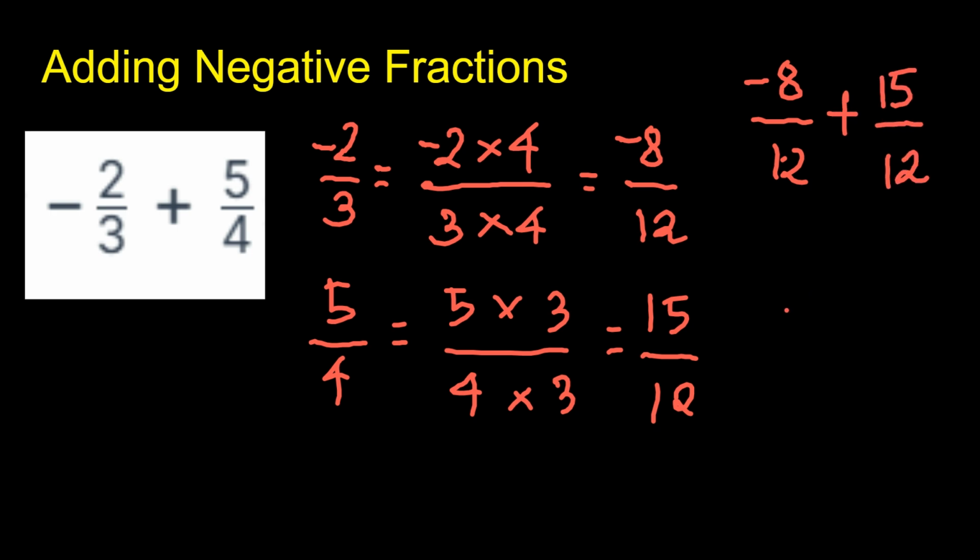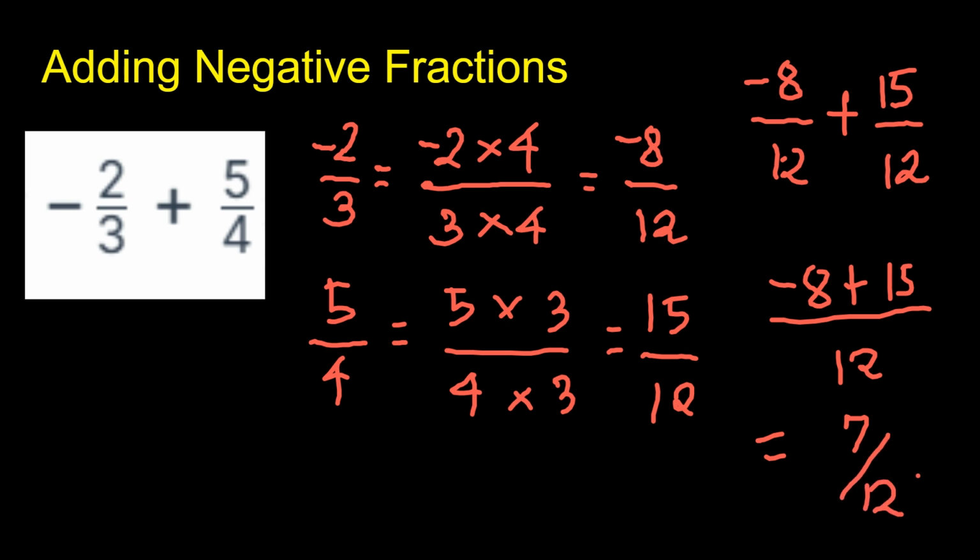Then we write 12 as our common denominator, and then negative 8 plus 15. What is negative 8 plus 15? That would be 7 over 12. So that is now our answer.